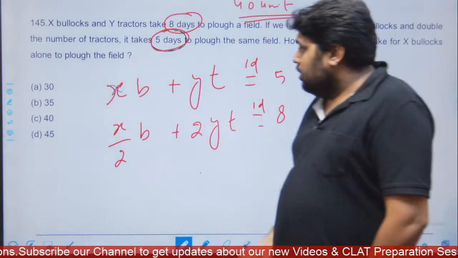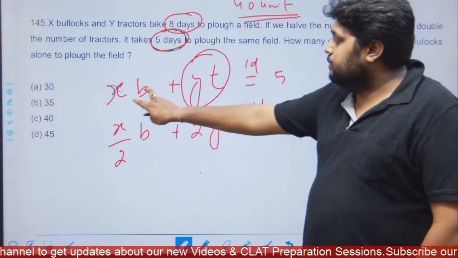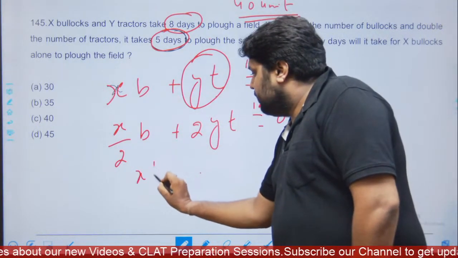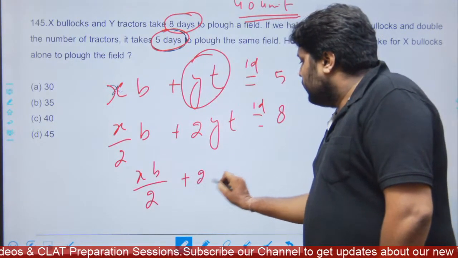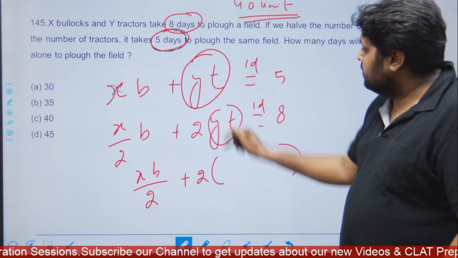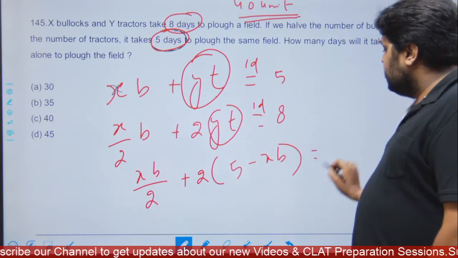Now what you will do, you will take the value of this in terms of X and Y and substitute it. So let me frame the equation, then you can solve it. X by 2 and twice of the value of this from this equation, the value of this will be 5 minus XB, that is equal to 8.